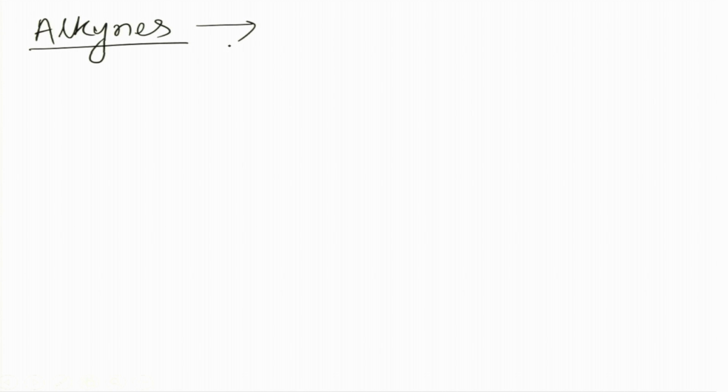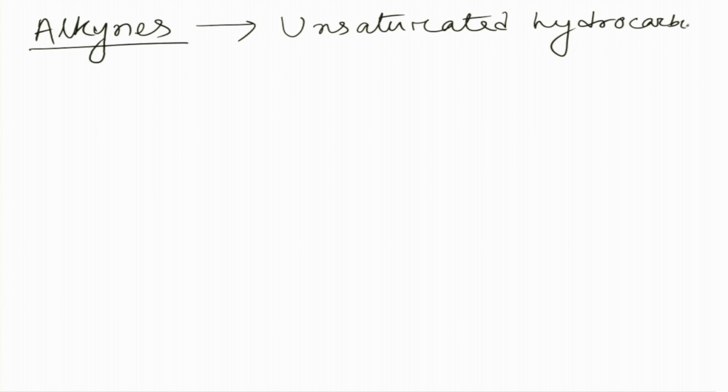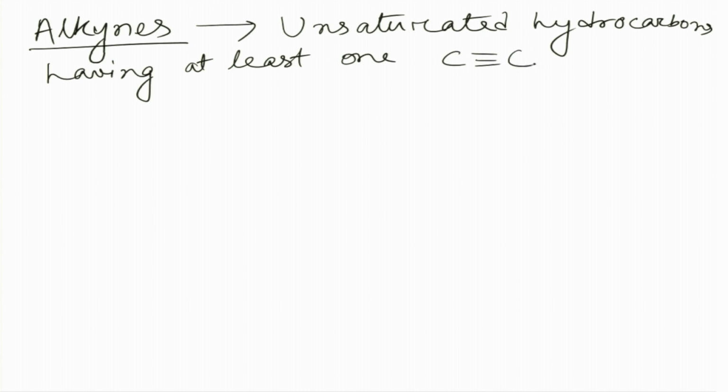So, alkynes are unsaturated hydrocarbons having at least one carbon-carbon triple bond, right.